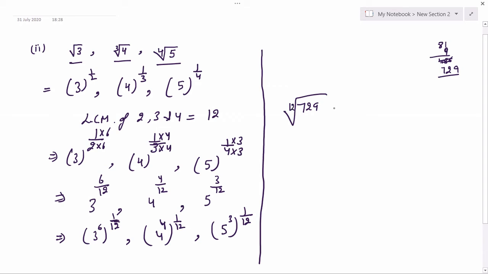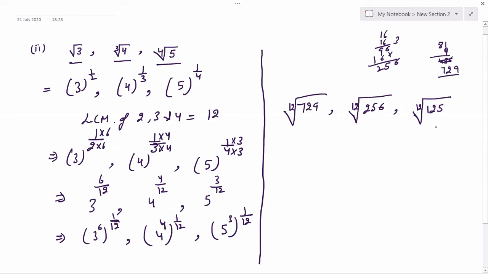Now you can write in symbolic form the 12th root of that. Now 4 4s are 16, 16 16s are 256. 256 raised to power 1 by 12. So I have written this also in the same way. This is 125 raised to power 1 by 12.